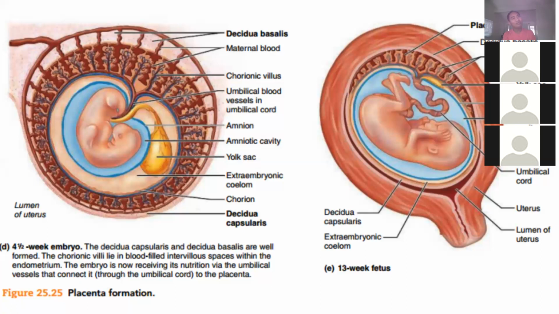And of course, when the delivery comes, this little amniotic sac will rupture. That is what we call the water breaking. So hey, look at that. Finally, this tube coming from the yolk sac will become the umbilical cord. Look at the umbilical cord here. It is amazing.